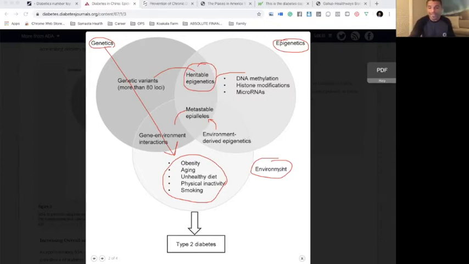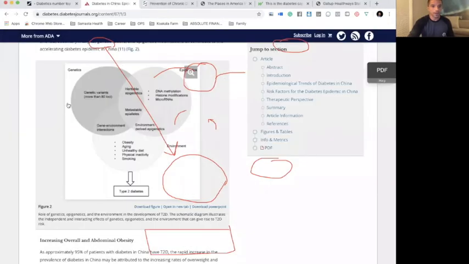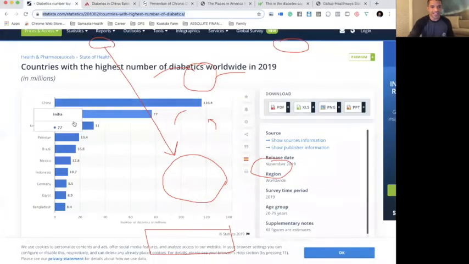But then the biggest environmental factors are obesity, aging, unhealthy diet, physical inactivity, and smoking. These environmental factors affect our mindset, the way we look at our own lives, and then result in type 2 diabetes. If you looked at the chart that I showed you, the third country is the United States. No wonder, I mean, the United States is a pretty big part of this.